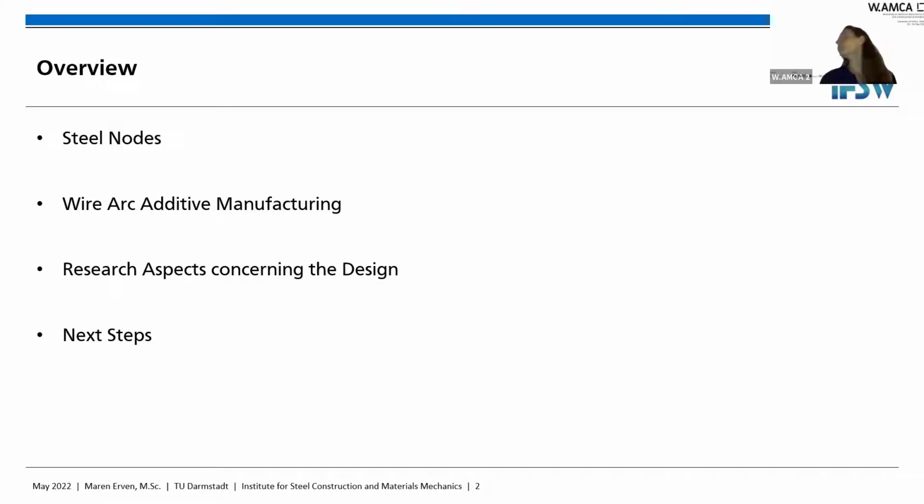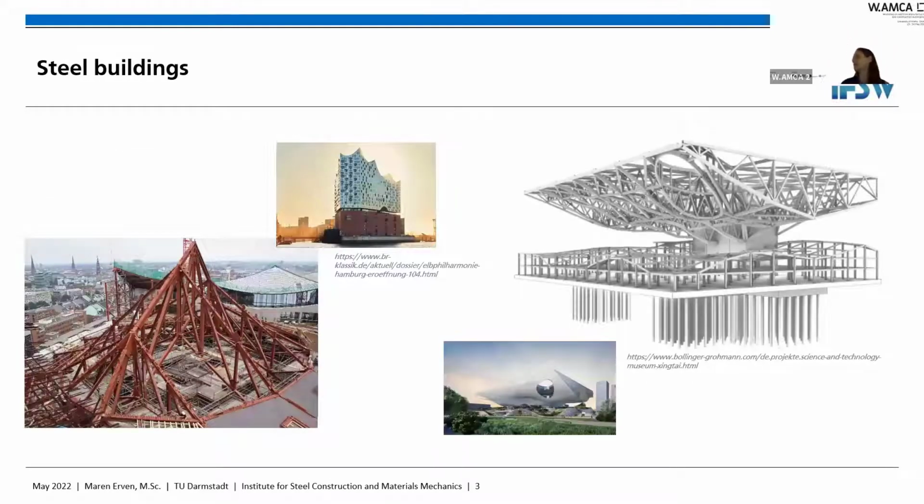So, steel nodes. The capability of computers allows us to build ever more spectacular buildings. When they are really high, with high loads and wide spans, steel is the material we choose. We have these linear components, which are really good for these high loads.